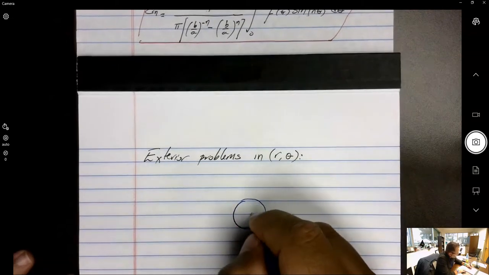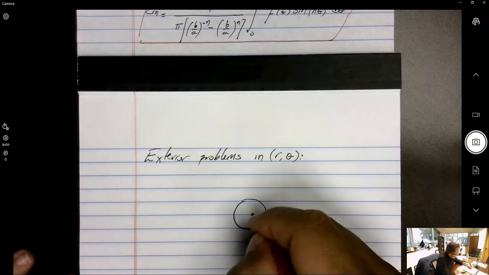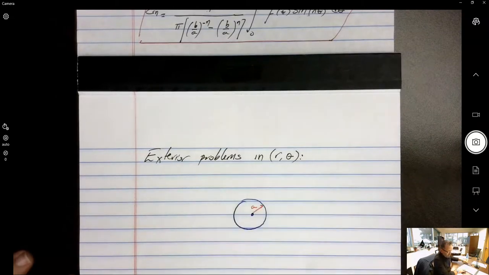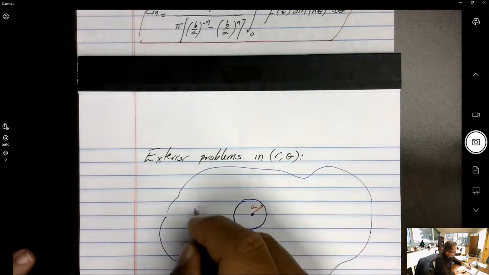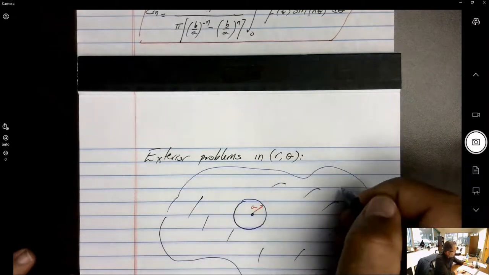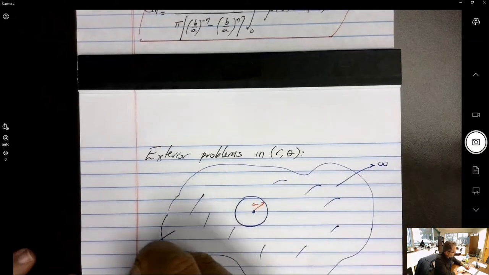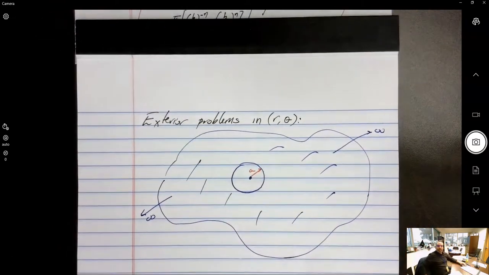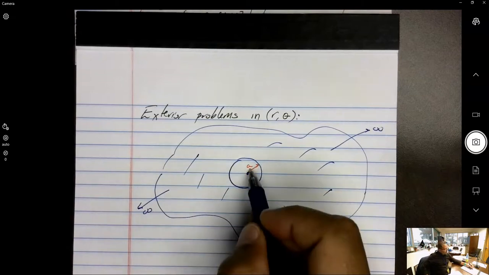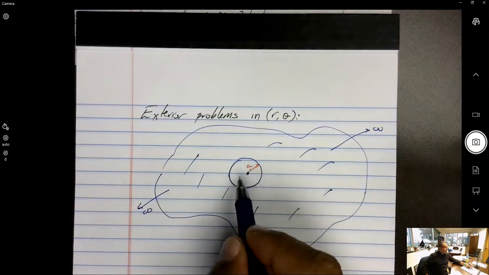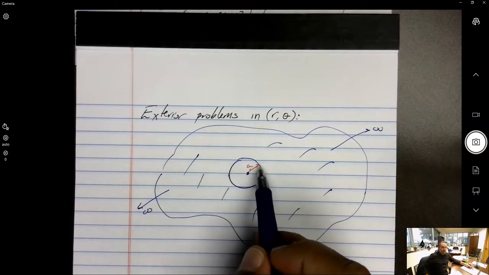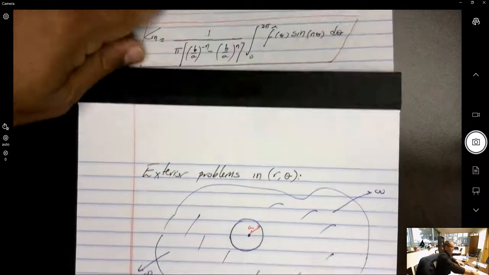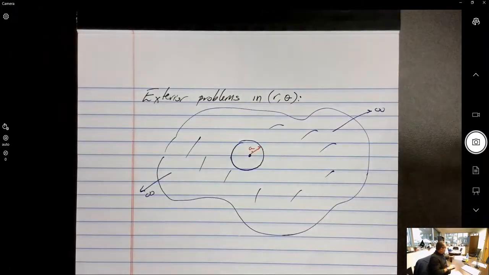Let's say the circle is of radius a. But that circle is really a hole in an otherwise infinite domain, right? And then there's some kind of condition imposed on the circle that is also a function of theta. If it weren't a function of theta, the solution would not be a function of theta. The solution would just decay in the other direction.